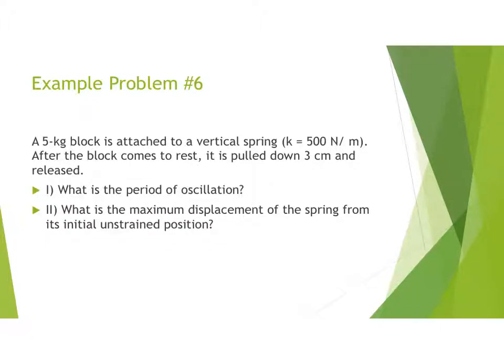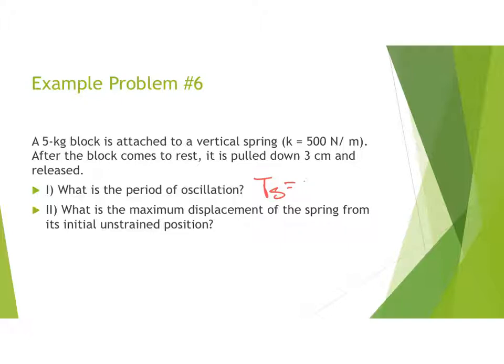I have a 5 kilogram block that's attached to a vertical spring. I've got a spring constant there. After the block comes to rest, so in other words, I've added the block and I've let it go, it's pulled down 3 centimeters and released. So I'm going to pull it down and release it. So my period of oscillation, if you remember, we said that this is going to act like a horizontal oscillator.